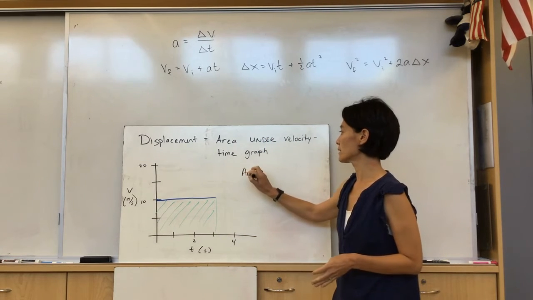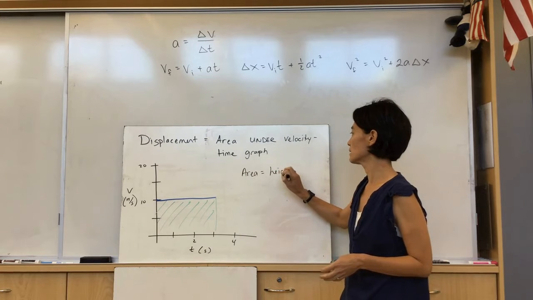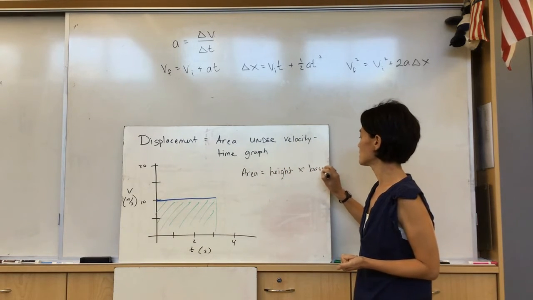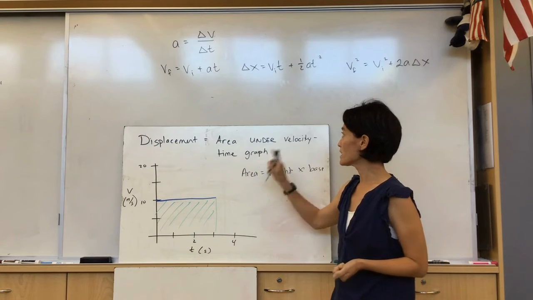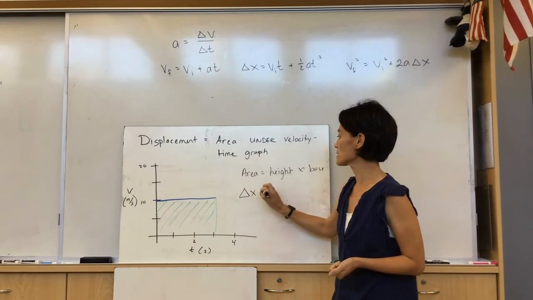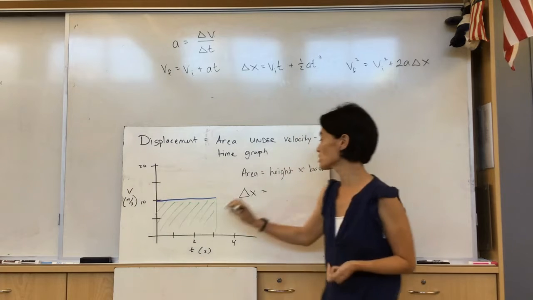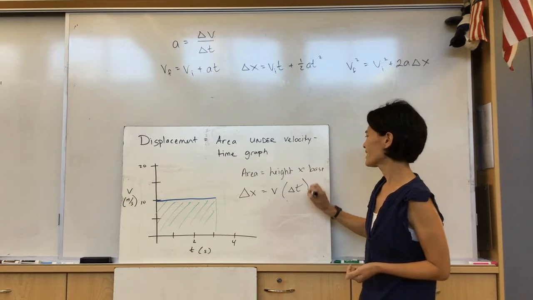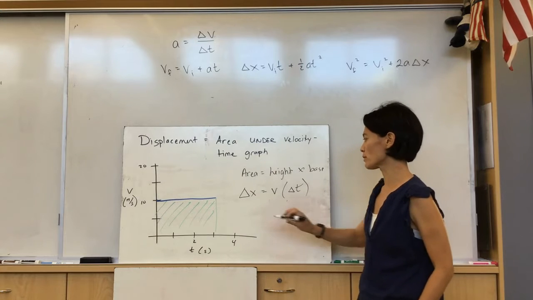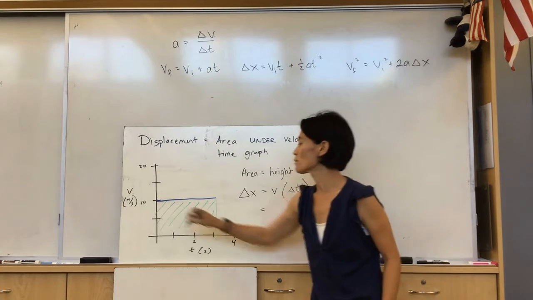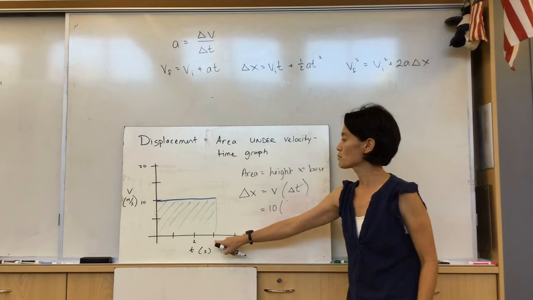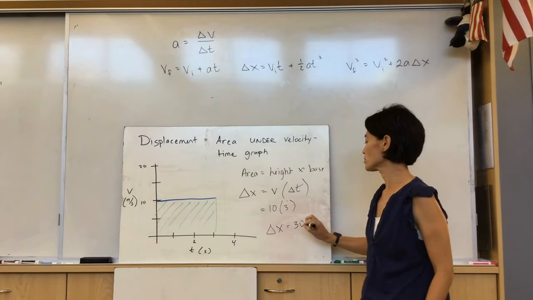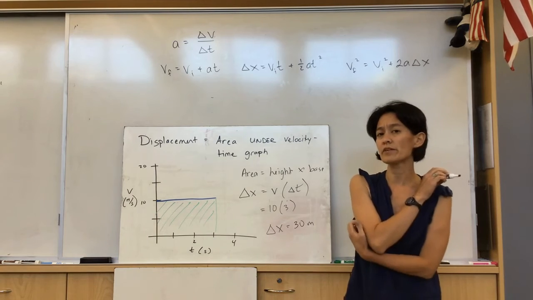The area is equal to the height of my rectangle times my base, which, if area is equal to the displacement, means my delta x is equal to my constant velocity times my change in time. That's our familiar equation that distance is equal to rate times time. So it would be my 10 meters per second times my 3 seconds, so my delta x is equal to 30 meters. It's pretty easy and simple if I have a constant velocity.